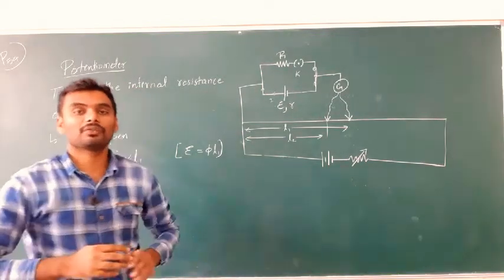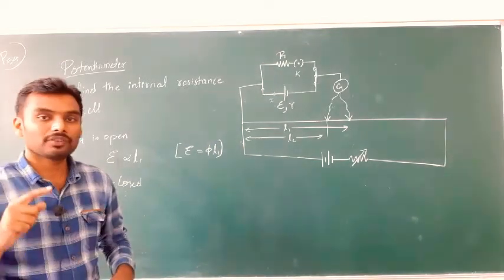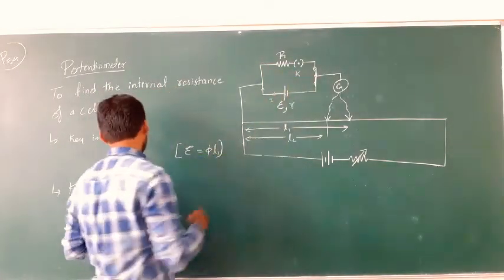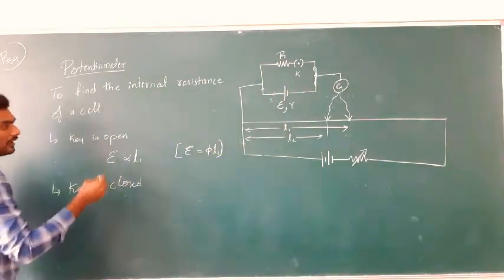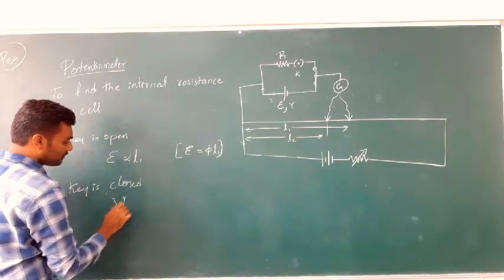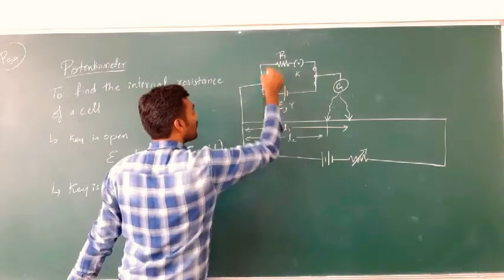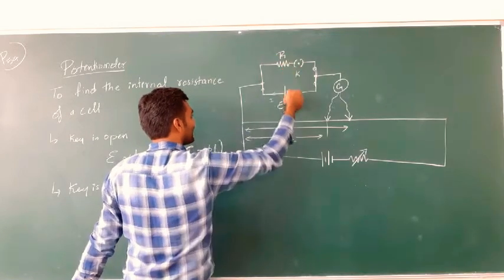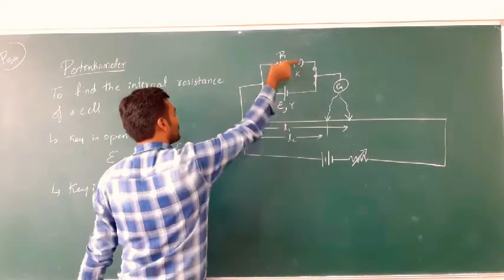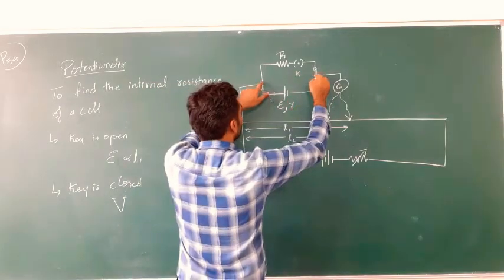EMF is the potential difference when the circuit is open, and TPD is the potential difference when the circuit is closed. So now this circuit is closed and hence what we get now is TPD instead of EMF. When the key is closed, it is the TPD voltage across these 2 points, and this voltage is the same for both the resistor and the cell, because these 2 points are common for both.